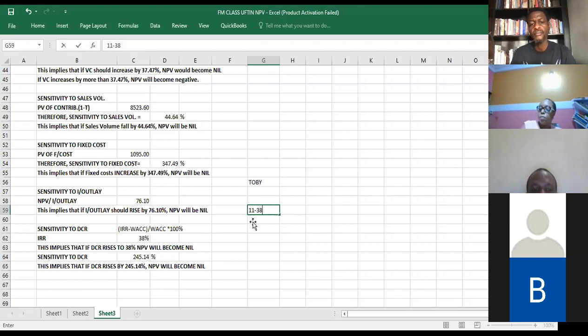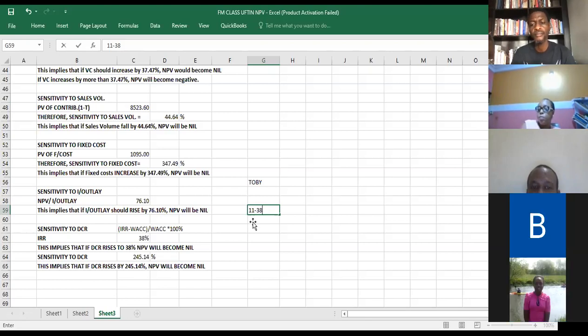However, the rise from 11 to 38 is over a 200% increase, because a 200% increase would have been 11 times 3, that would be 33%. So it has to rise by more than 200%. So it's rising by 245.14% before the NPV will become nil. Do you get the point?